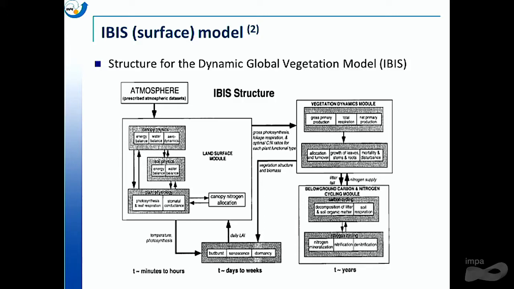And this is a canopy nitrogen allocation. And we call it the land surface model. And then the temperature from photosynthesis, it's important for a different process here. And this is connected with the vegetation dynamic model and below ground carbon and nitrogen cycling model.